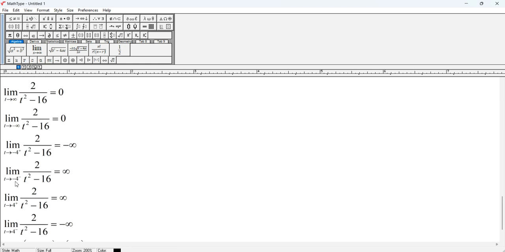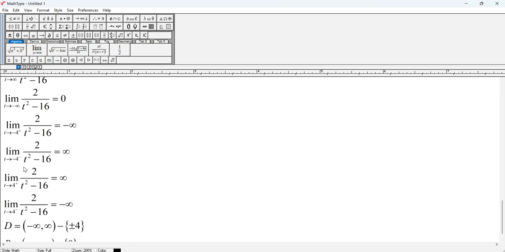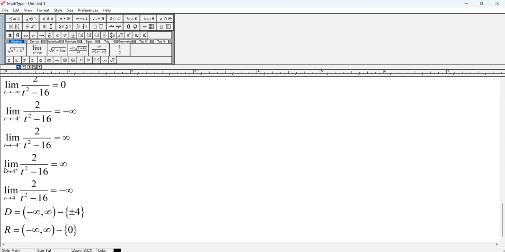When I approach minus 4 from the left, 2 divided by t squared minus 16 equals infinity, because when I push from the left, t gets more negative, the square is larger, so 2 divided by a positive number equals infinity. As t approaches 4 from the right, t is larger than 4, so 2 divided by t squared minus 16 equals infinity. As t approaches 4 from the left, t is smaller than 4, so 2 divided by a negative number equals minus infinity.